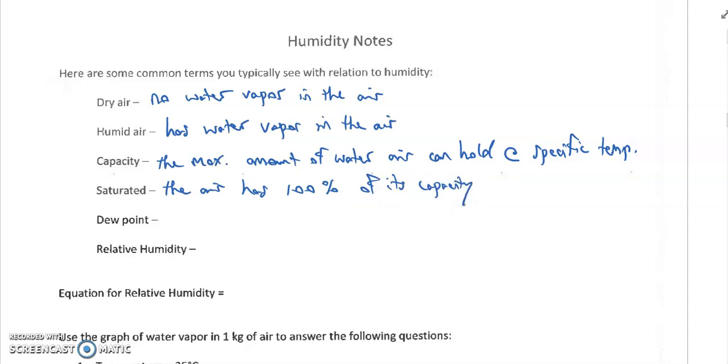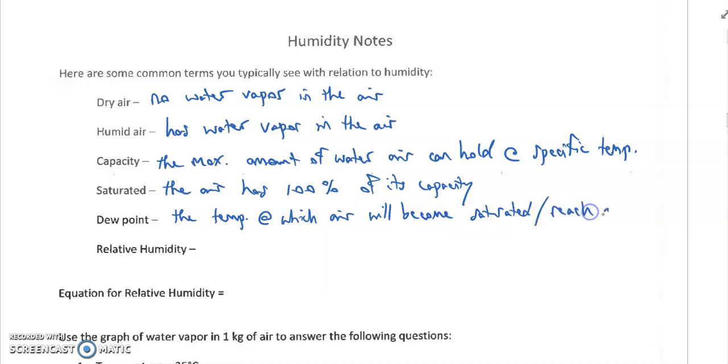The second thing then is dew point. So this is the temperature at which the air will become saturated, or reach its max capacity.